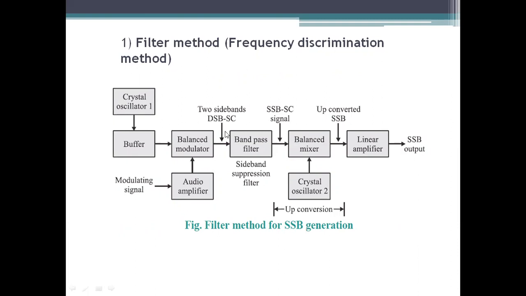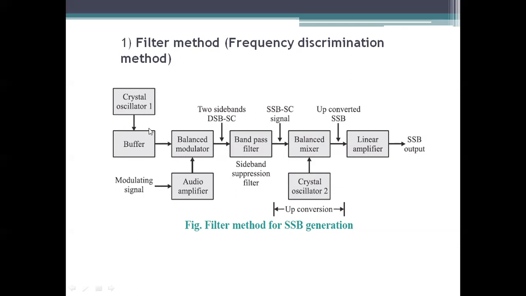For the filter method, first we generate DSB-SC, and the output of the DSB-SC signal is given to the bandpass filter, which ultimately results in SSB-SC. This is the block diagram. We have a crystal oscillator, which is nothing but the carrier generator.